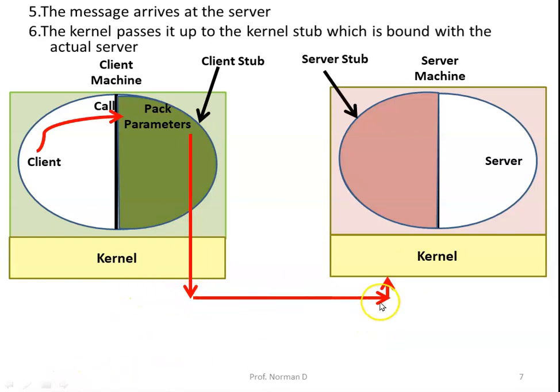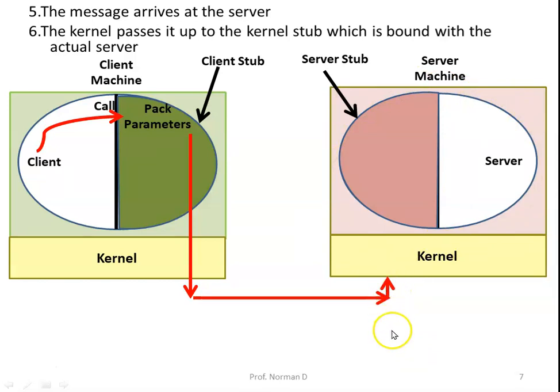The message arrives at the server. Now, what does the kernel of the server do? The kernel passes it up to the server stub. Just like the client stub, we have the server stub over here, which is bound with the actual server.